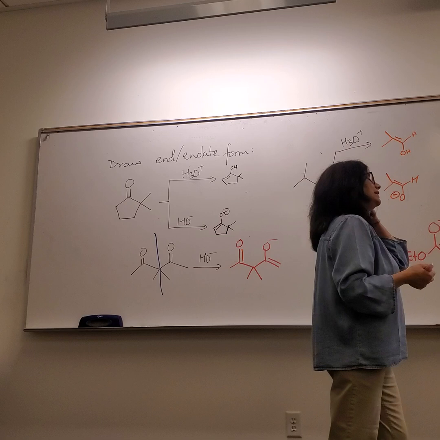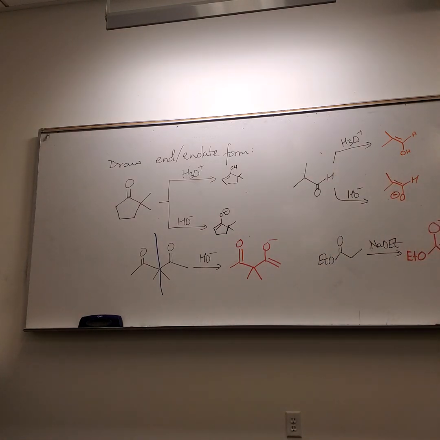On the other hand, for the kinetic enolate, we would use a bulky base. So I'm introducing a new base to you, which is only used for these reactions. This base is called LDA.